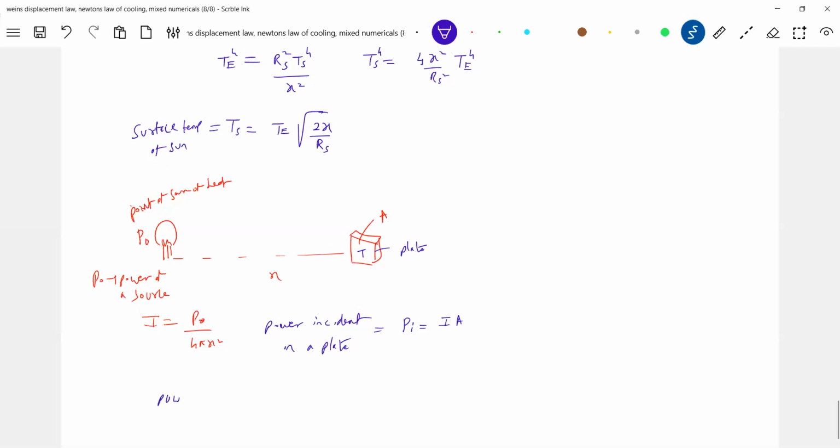Now the power emitted by the plate, according to Stefan's law, equals E sigma A T to the power of 4. This is the power absorbed by the plate, the power incident on the plate, for equilibrium.